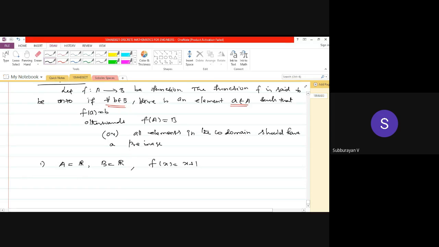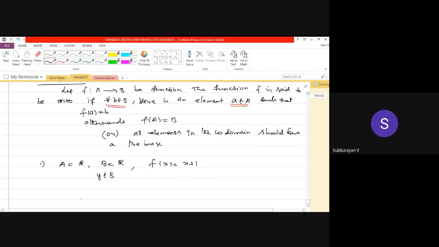Yes, sir. What is your explanation? You take x to be y minus 1. See, suppose y belongs to B, then what is the pre-image? Y minus 1.